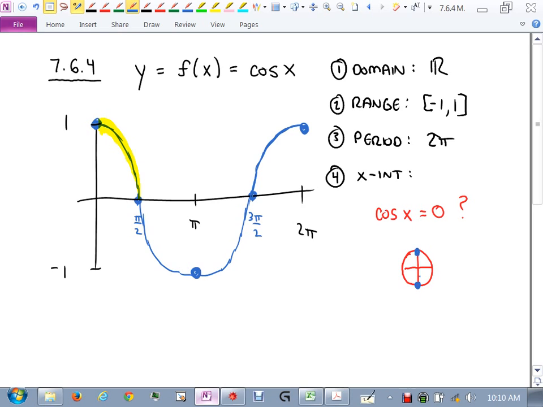Okay, how do I get to those points? To get to the one straight up, what angle is that? Pi over 2, right? How do I get to the one below it? That's 3 pi over 2, right? I could start here and go all the way around to be back there, but what's more efficient in this case?